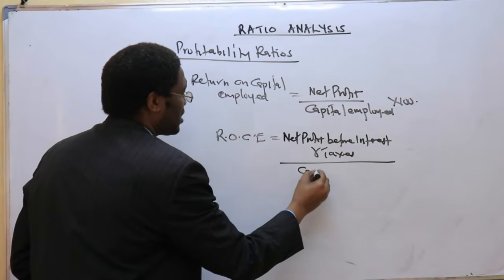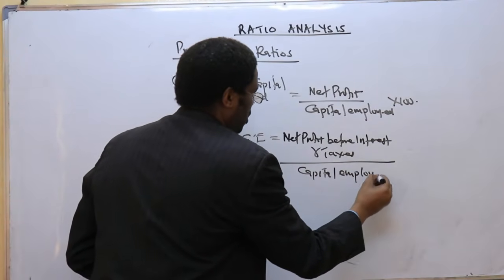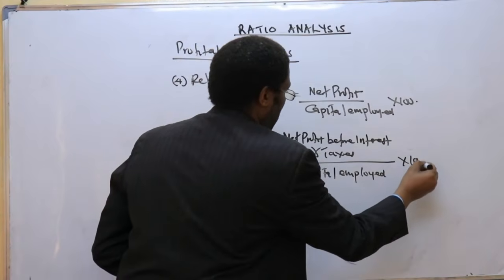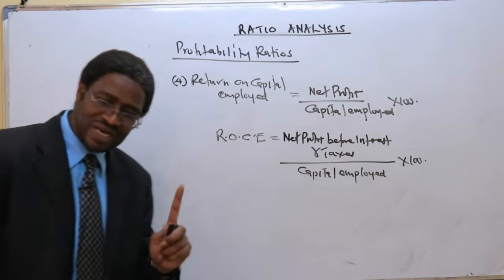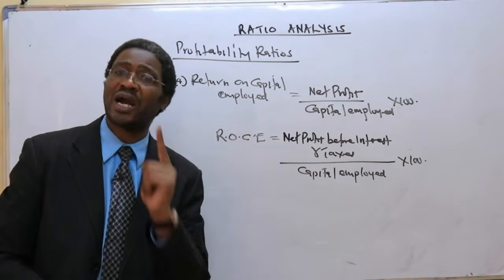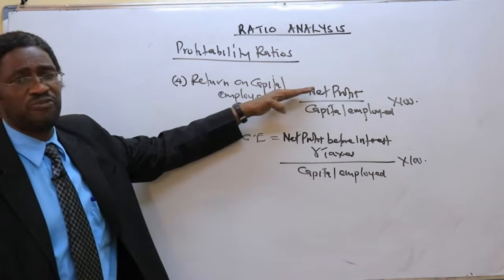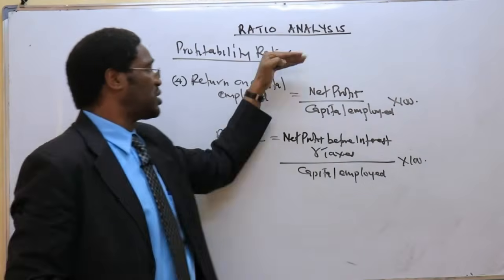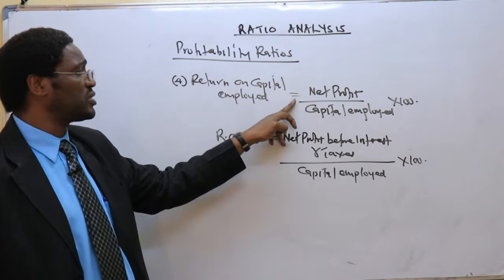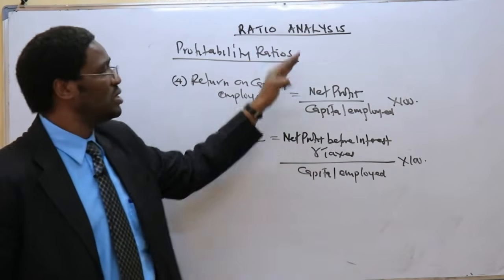You divide that by capital employed, now you multiply by 100. So that's how we shall be determining the return on capital employed for a company. For a sole trader, just take the net profit. If the question gives you an income statement of a sole trader, just take the net profit, divide that by the capital employed of that business, multiply by 100.